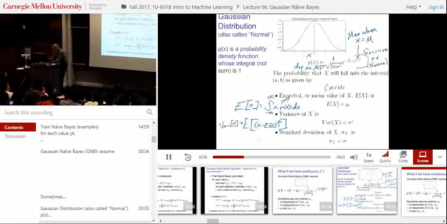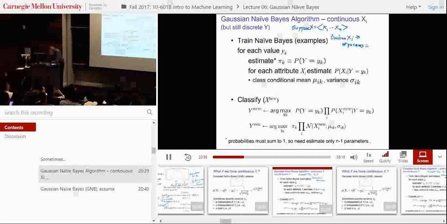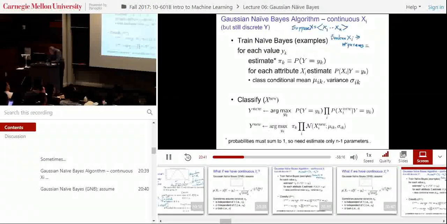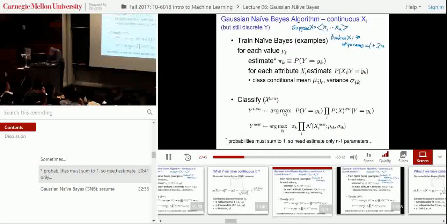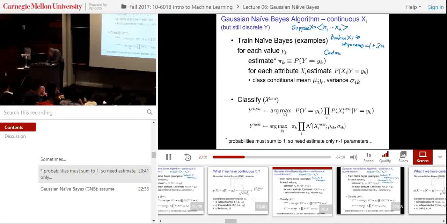So the number of parameters we needed was 1 plus 2n, right? 1 for the prior, and then 2 for each of our features. Now, in the case where it's continuous and we do Gaussian naive Bayes, what's the number?